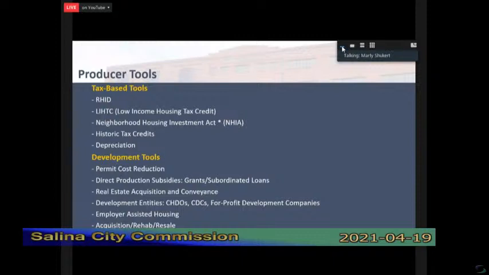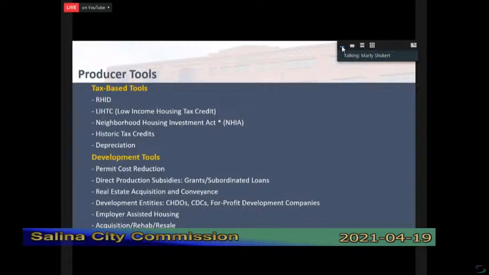Say for example that I'm a community development corporation or a CHODO, and we're building housing. It's costing us $200,000 to build that house, but we know that we can only sell them for $150,000 because of the market in that neighborhood. So there's a production gap. There's an economic gap of $50,000 there.